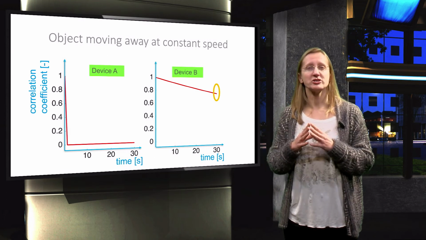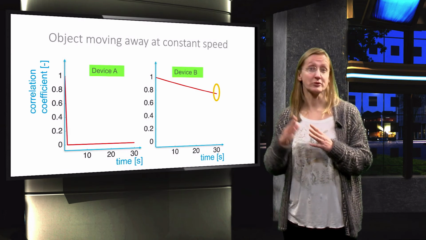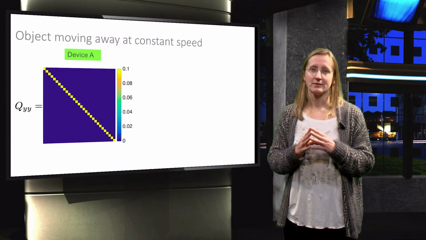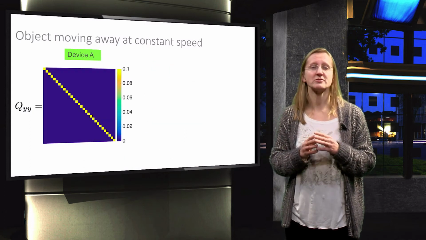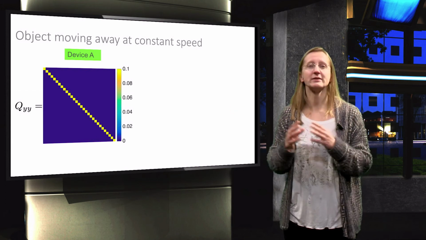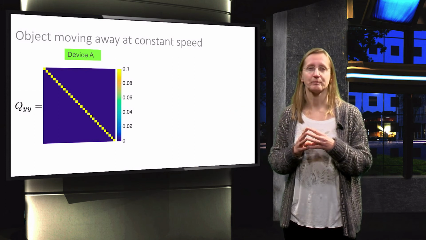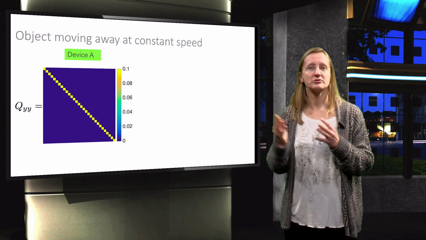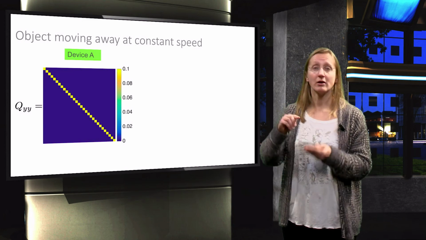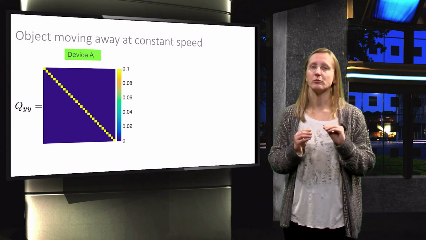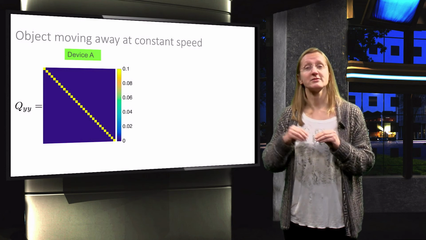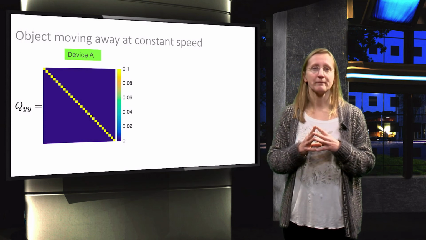Let's now finish by showing the covariance matrices for the two devices. Assuming the same standard deviation for all observations for device A, it is simply a scaled identity matrix. Here the values are shown by colors, and the color bar shows that the variances on the diagonal are equal to 0.1 and 0 elsewhere.